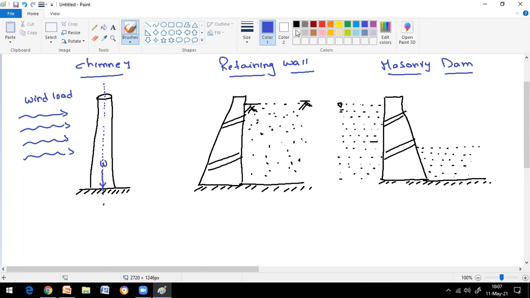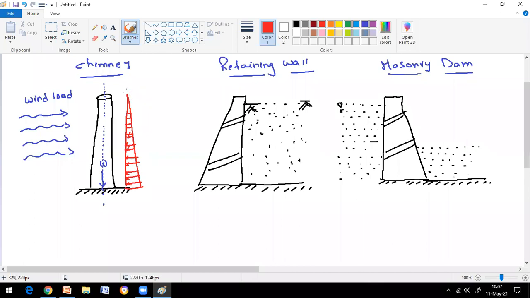If you see the stress diagram of this chimney, it will be like this. So this is the stress diagram of the chimney.